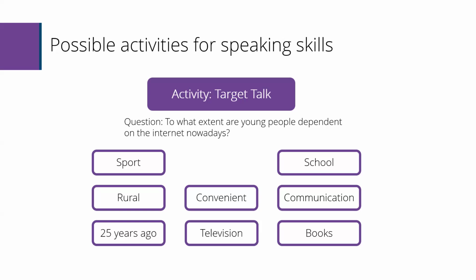Because it's very convenient, and it's replacing books in a lot of classrooms. And this was very different 25 years ago. And there we go. And sometimes you could keep that same list of words, and you could change the question. So target talk activities can be useful.